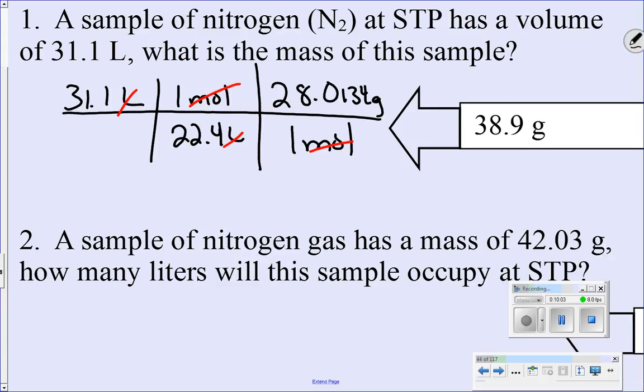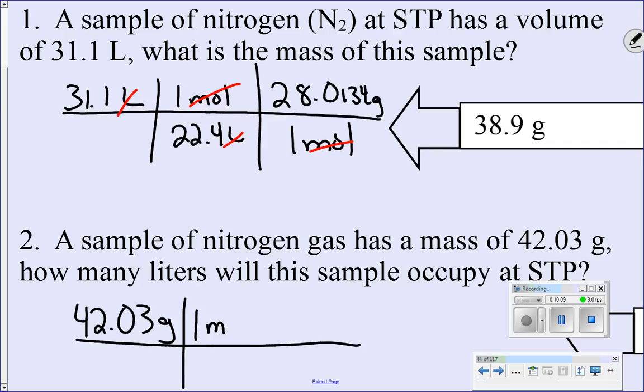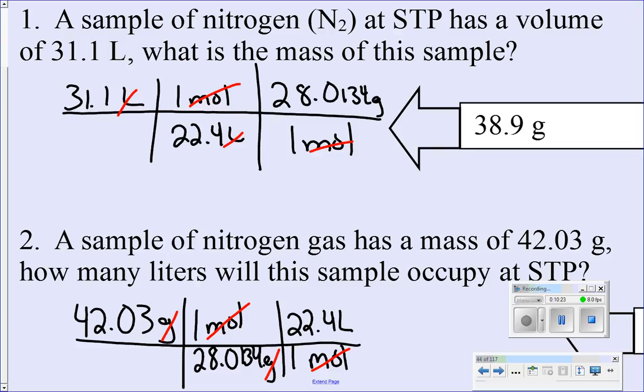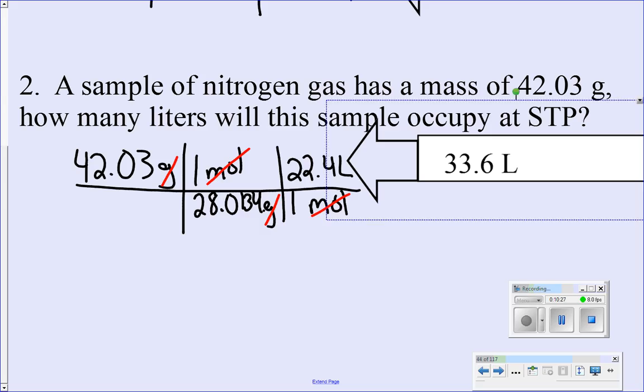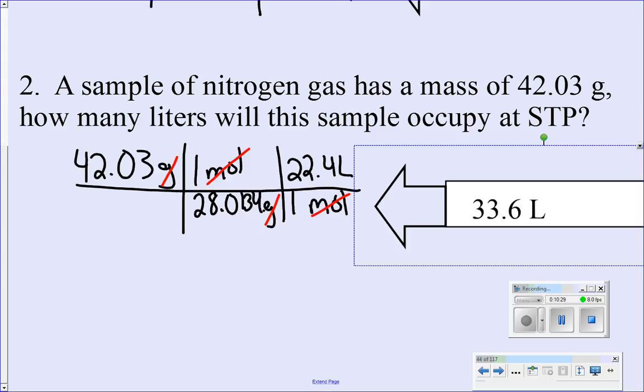And number 2, grams cancel, moles cancel, and when you do your math for this one, you should get 33.6 liters.